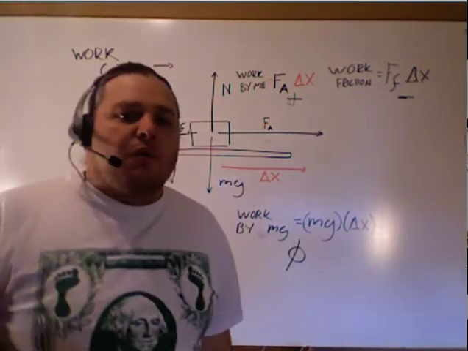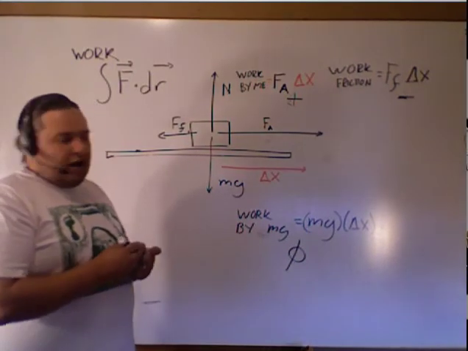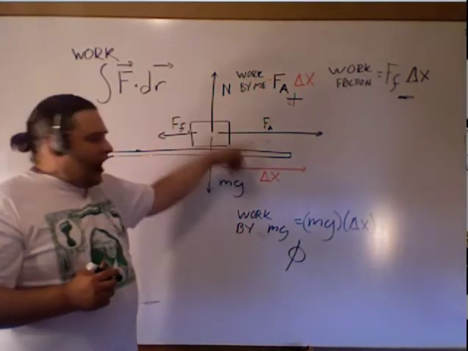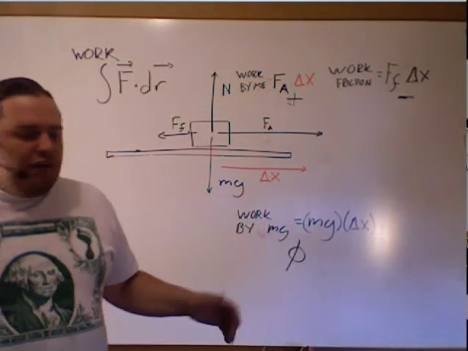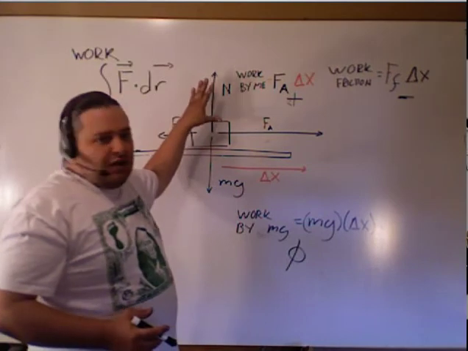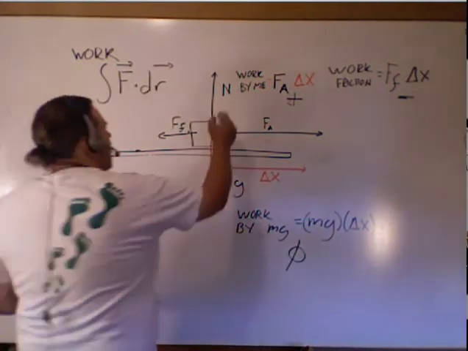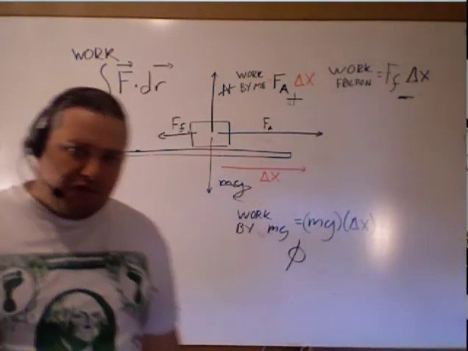It doesn't do any work. That's how it gets simplified. I'm already ignoring two vectors, because this normal force is not in the direction of that, so it's going to do no work. The work done by gravity and the work done by the normal force, we just don't worry about it. It just goes away. Boom, boom. They're not forces to concern ourselves with.